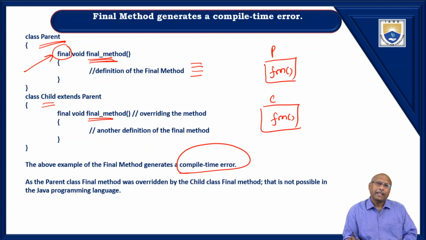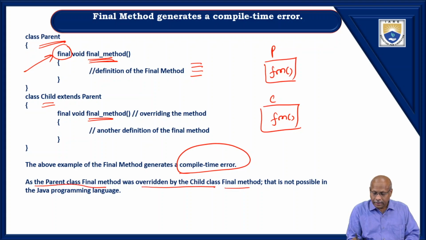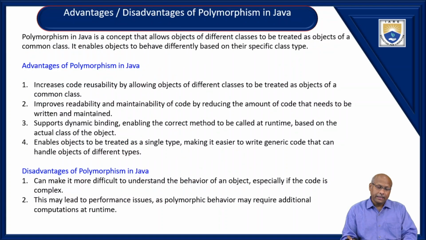So that is the advantage of the final keyword, to stop overriding. As the parent class final method was overridden by the child class final method, it is not possible in the Java programming language. Then there are some advantages as well as disadvantages. Polymorphism in Java is a concept that allows objects of different classes to be treated as an object of a common class.